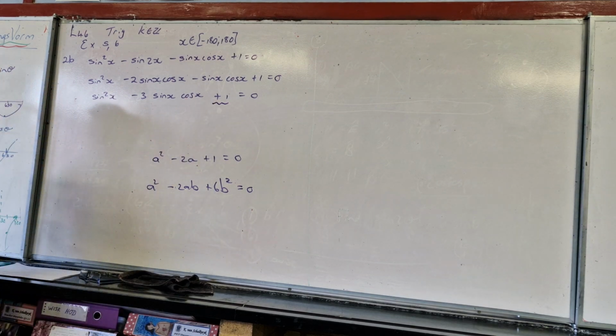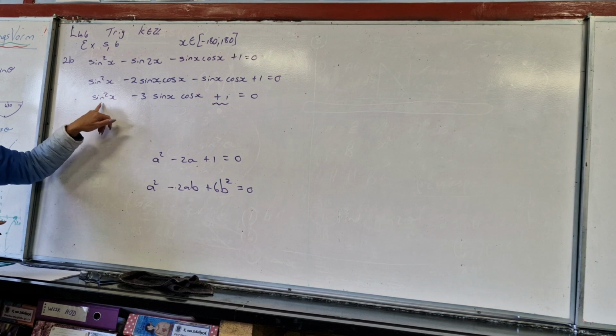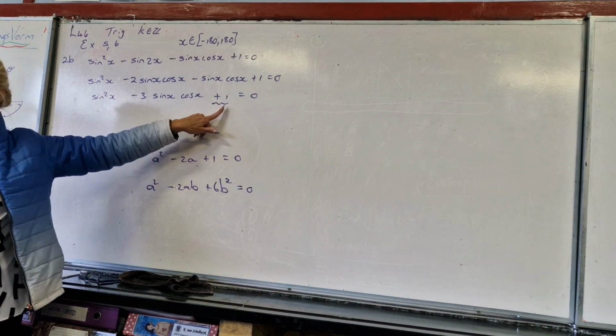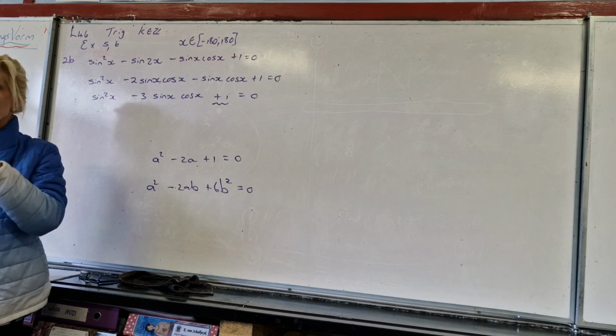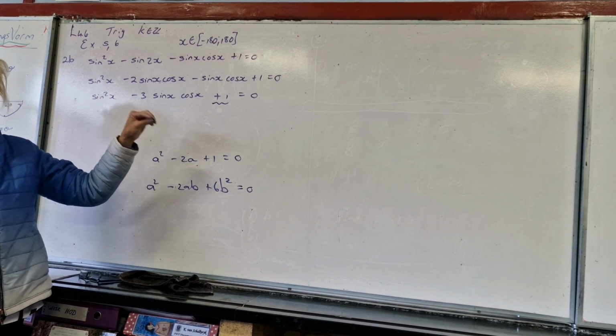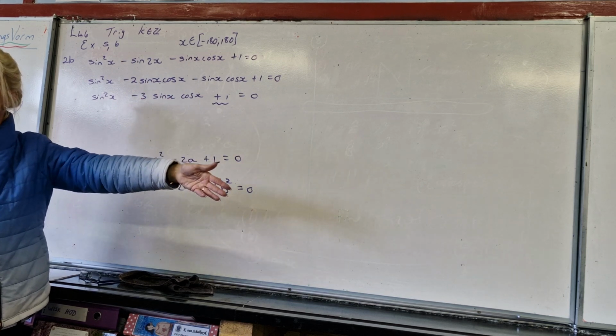How is it just going to appear? Because 1 is sin squared plus cos squared. Isn't sin squared plus 1 something? No, it's not. If you were thinking sin squared plus cos squared is 1, that's right. But sin squared plus 1 is nothing. Sin squared minus 1 would then be minus cos squared, etc.